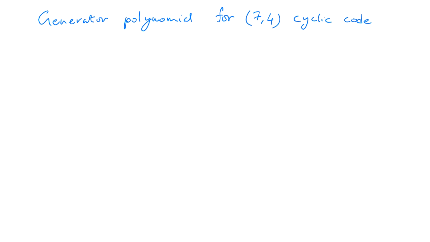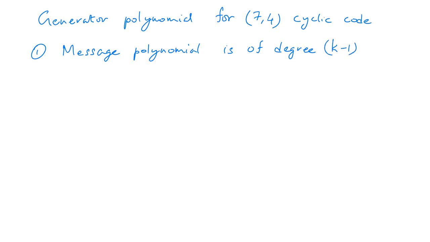So the first point is the message is 4 bits long. So the message polynomial is of degree k minus 1, which is in this case 4 minus 1, which is 3.